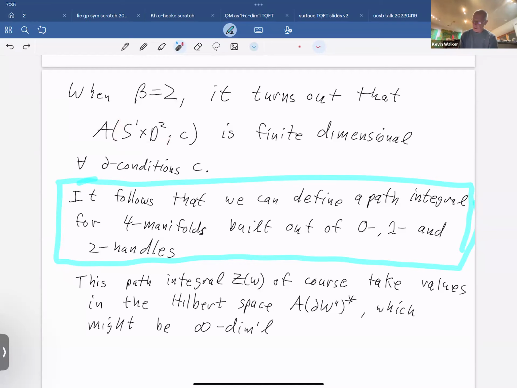In other words, we can construct a well-defined numerical invariant for 4-manifolds built out of not just 0- and 1-handles, which is always easy, but we can also do 2-handles. And this class of 4-manifolds is actually pretty interesting. There are a lot of open questions about this. Now, is this going to be a powerful invariant of 4-manifolds? I seriously doubt it.